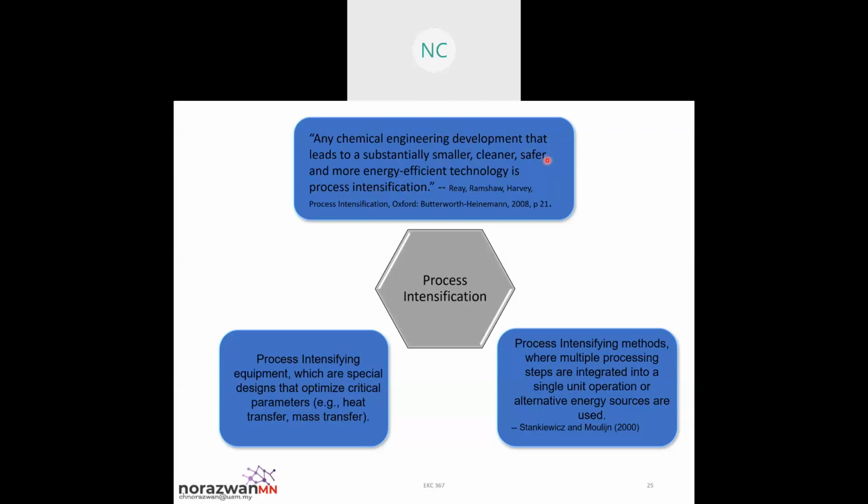This is the definition of ISD in minimization. You try to create a chemical process using a substantially smaller, cleaner, and safer process. So that's how process intensification relates to the minimization strategy.